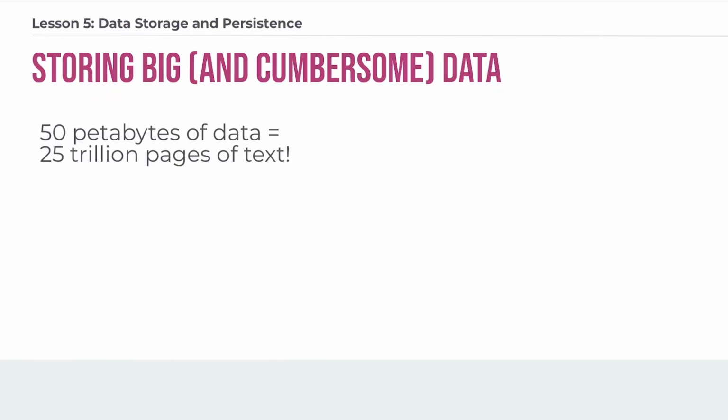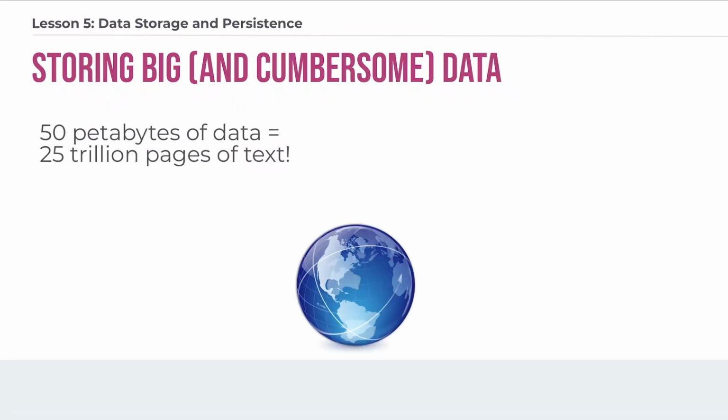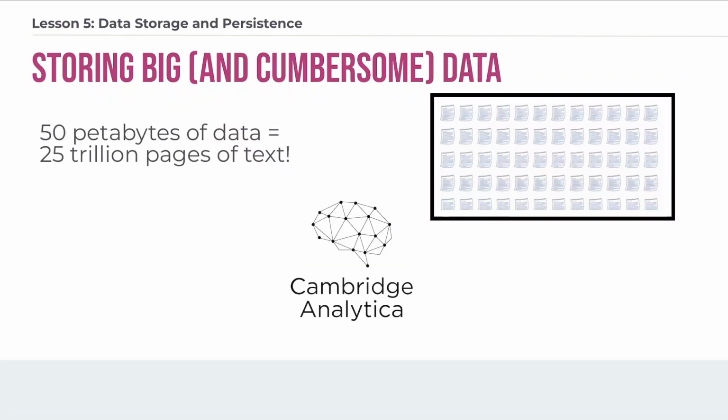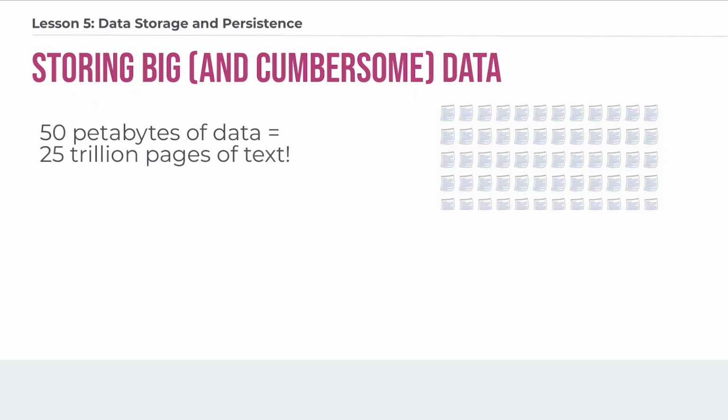So now we have to take a step back and think about, okay, I'm trying to extract data from an unstructured source, and we have all of this data, so how exactly is it stored? Well, really big data processing companies like, for example, our friends at Cambridge Analytica have data centers capable of holding upwards of 50 plus petabytes.